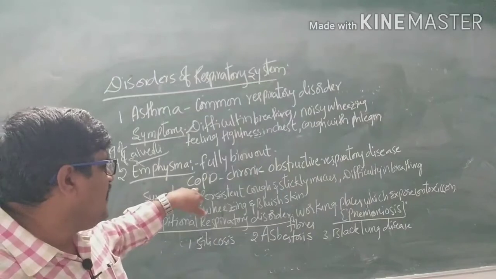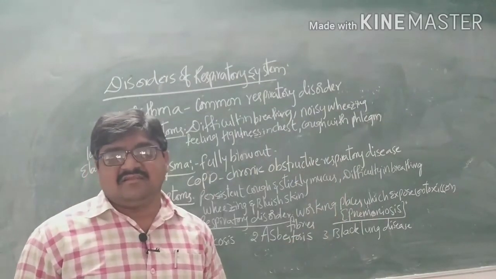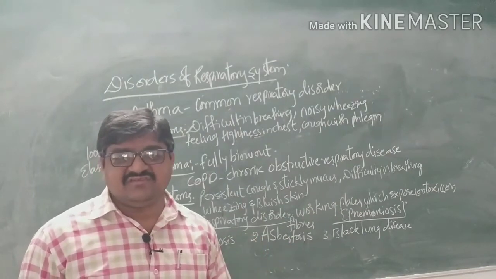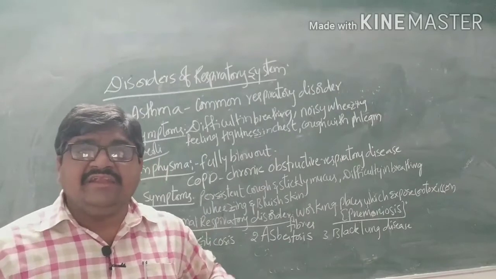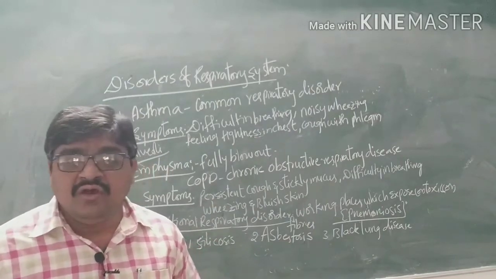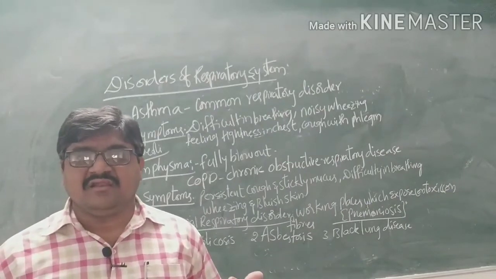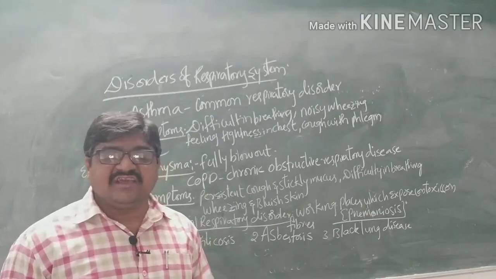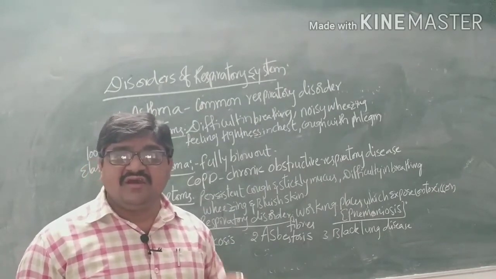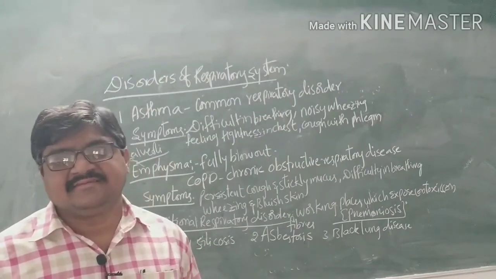It is also called chronic obstructive respiratory disorder. Chronic means severe, so there is no exchange of gases, due to continuous smoking of cigarettes, where mucus deposits on the alveoli and prevents the exchange of gases.